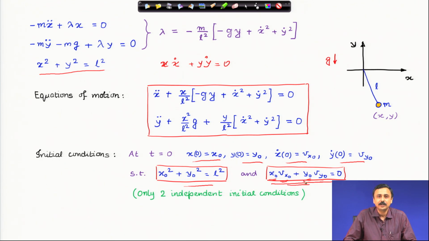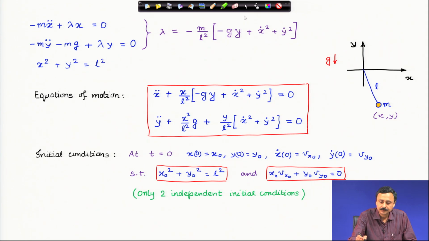Therefore, we have an independent choice of only 2 of these parameters. So, there are 2 independent initial conditions, and now with these 2 differential equations and these initial conditions, and this constraint on the initial conditions, we have a complete system. Now, this I can integrate and find the x y location of the bob.